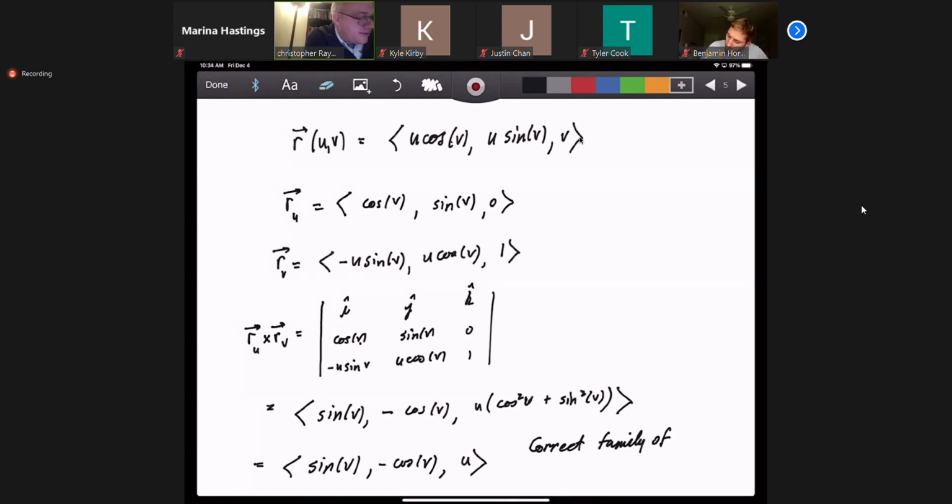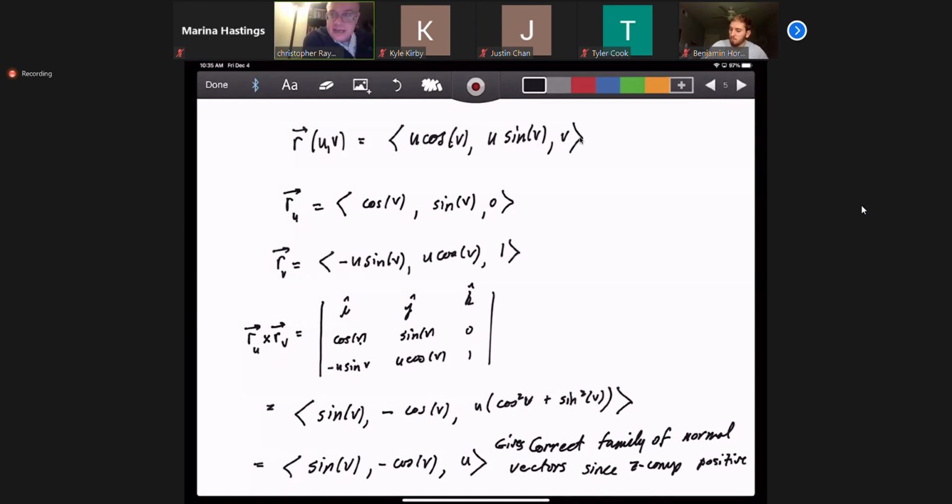This itself is not a normal vector, but this is going to give us our correct family of normal vectors. Okay, the Z component is positive, and that's what we were looking for because we said we wanted to use the upward orientation.